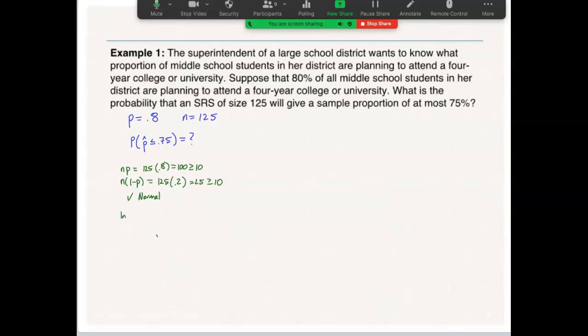Now I want to check to make sure that the individuals that I'm sampling can be safely assumed to be independent, and that's that 10% condition.